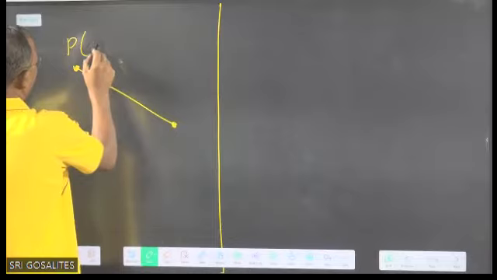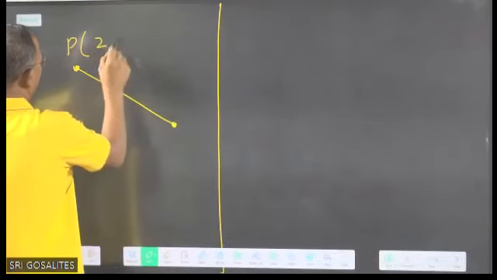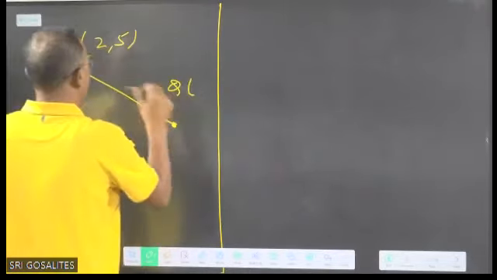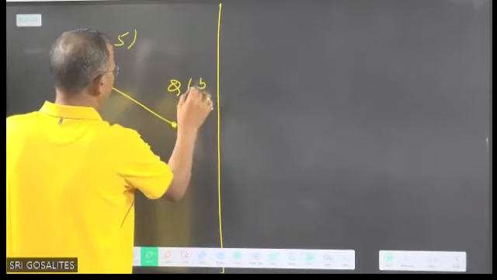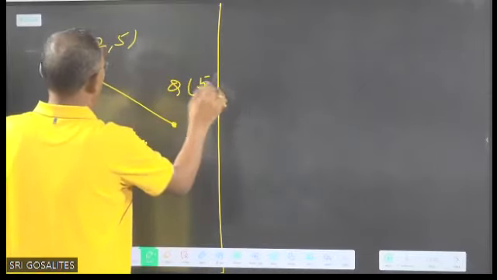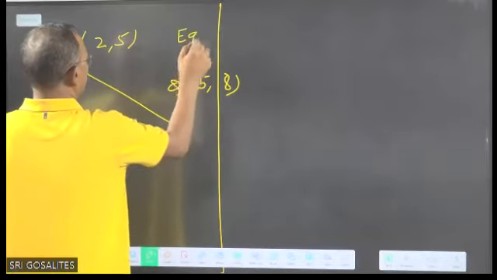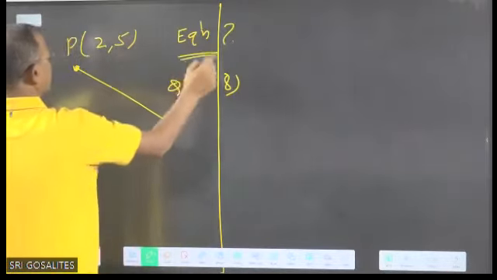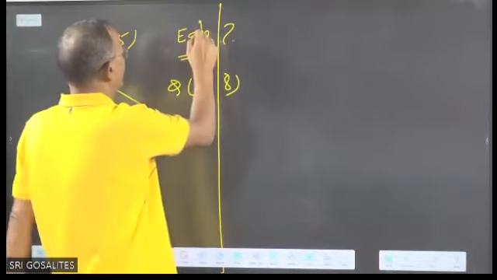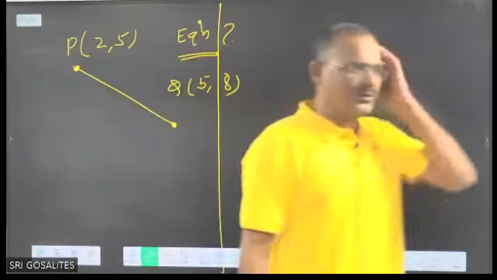P is with 2,5. Q is with 5, 8. Come on. Find the equation. Solve karo bete. Work it out, all of you.